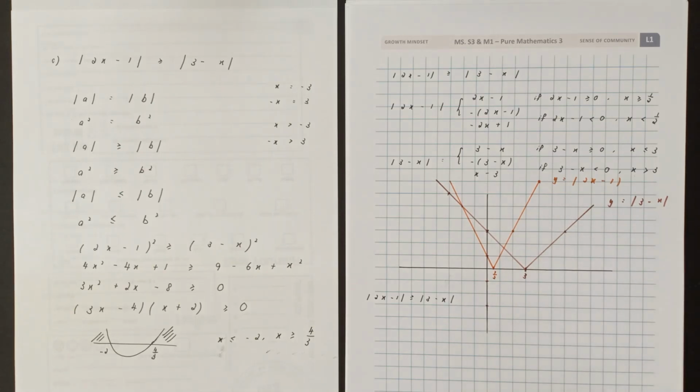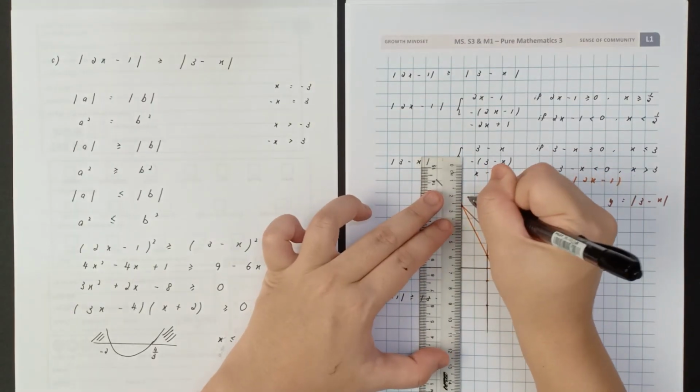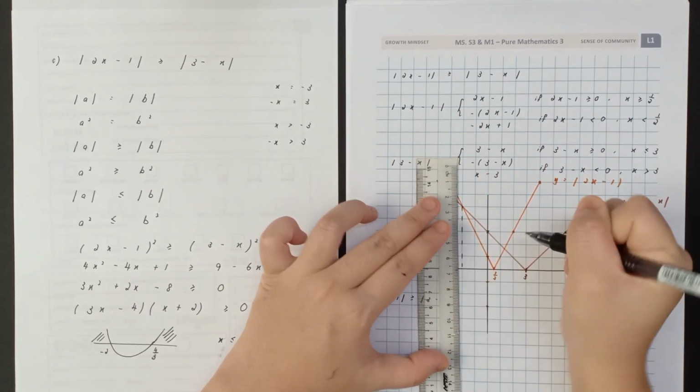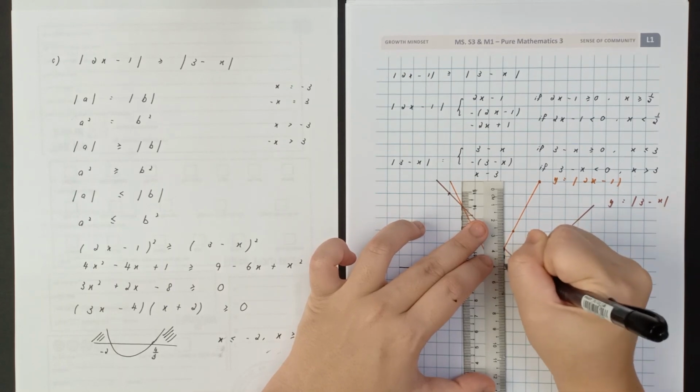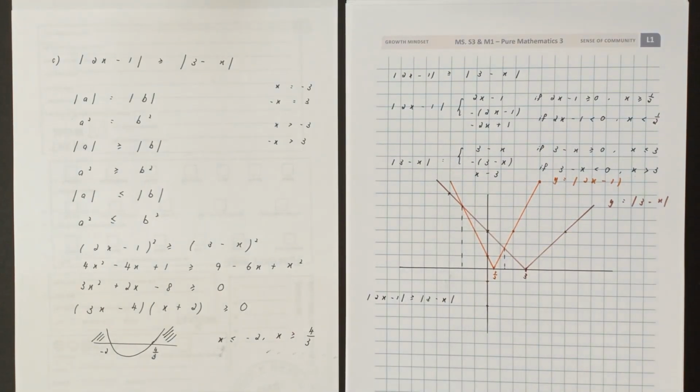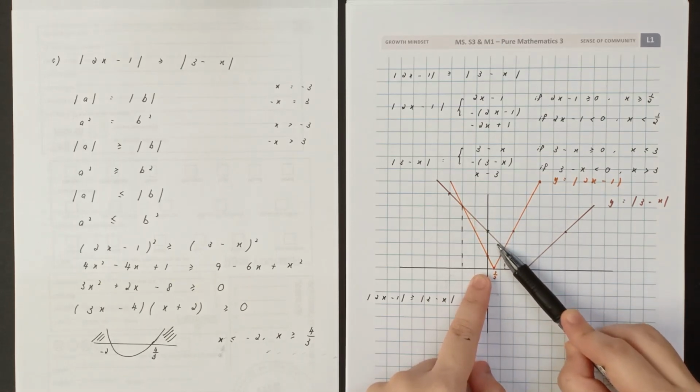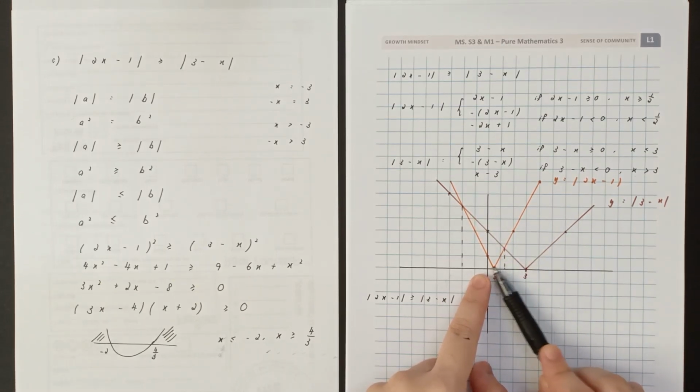Let me try to cut it. So it's over here and here. You can definitely see that for anything within this range, the brown color is more than the orange color.